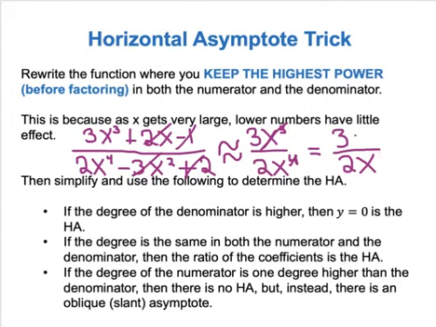On the top, we don't have an x, so that's x to the 0, a 0 degree. So notice that the degree of the denominator is higher. So our horizontal asymptote is y equals 0.